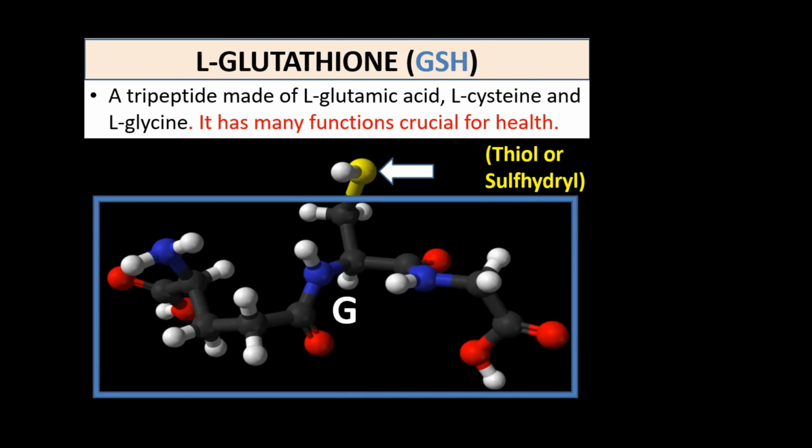This is what gives glutathione its versatility. Unfortunately, it also makes glutathione fragile. This component is part of cysteine, which is why cysteine is also a fragile amino acid.